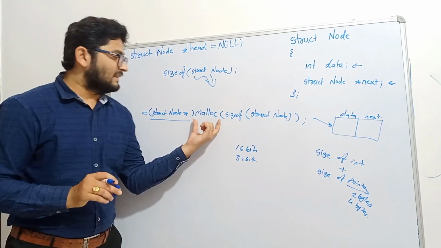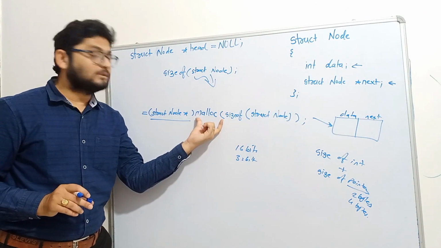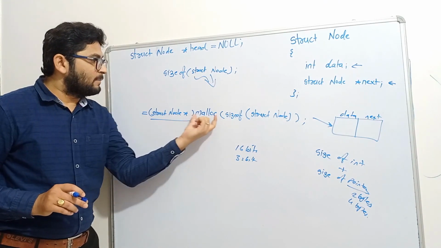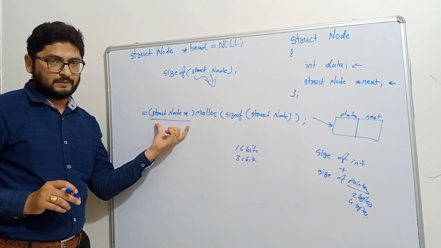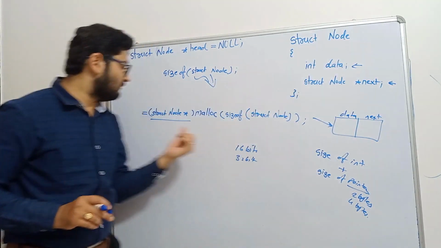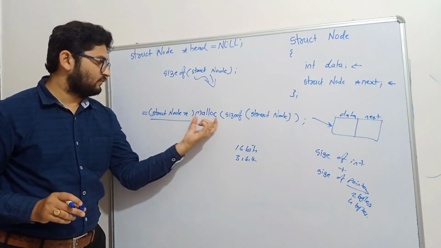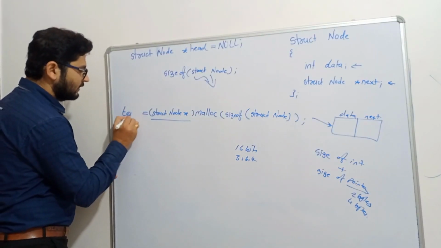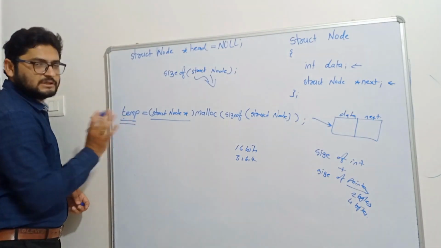Because when malloc returns the pointer, it does not assign a type to it, so we need to provide it. And what type of pointer do we want? We want a pointer of this type, so we write struct node pointer. Whatever pointer is returned by malloc, we are converting into this type, and we are going to store it somewhere, let us suppose temp. Here it can be anything, but for now I have used temp.